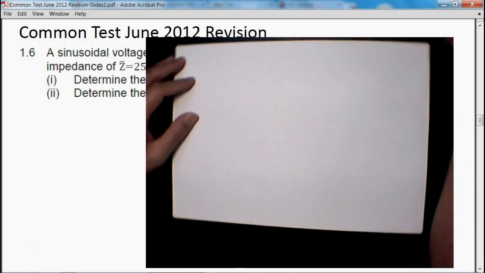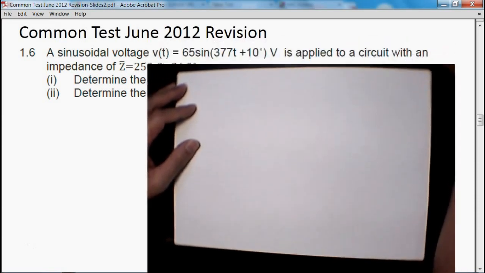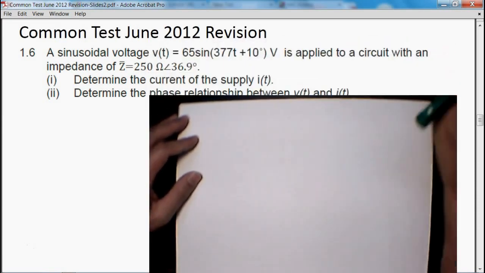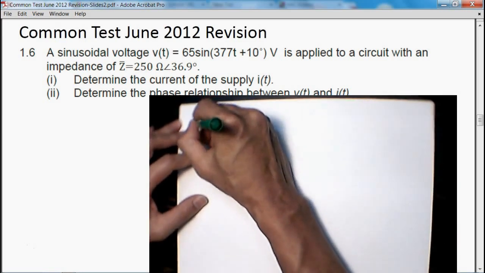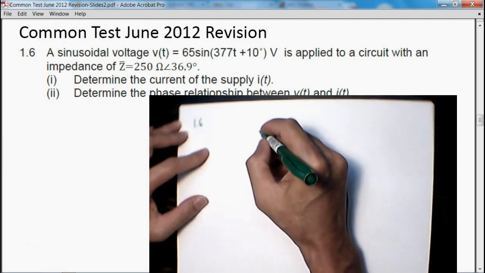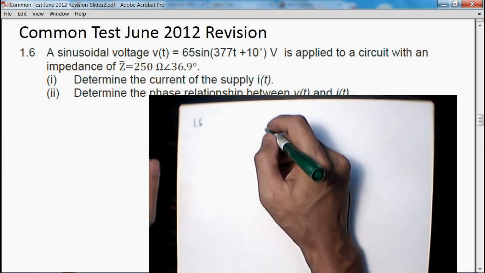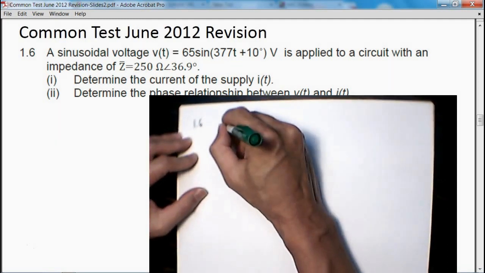Okay, to start this question, we need to look at the voltage first. So what we do, we convert the voltage sinusoidal expression into a phasor.